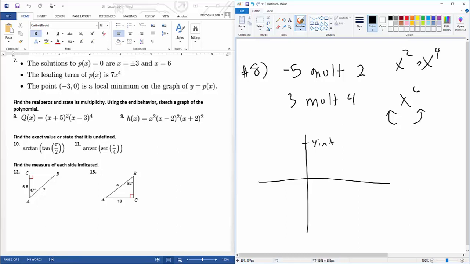And so I have -5 and +3. And so it's going to bounce because my multiplicity is even. And that's going to be my answer.